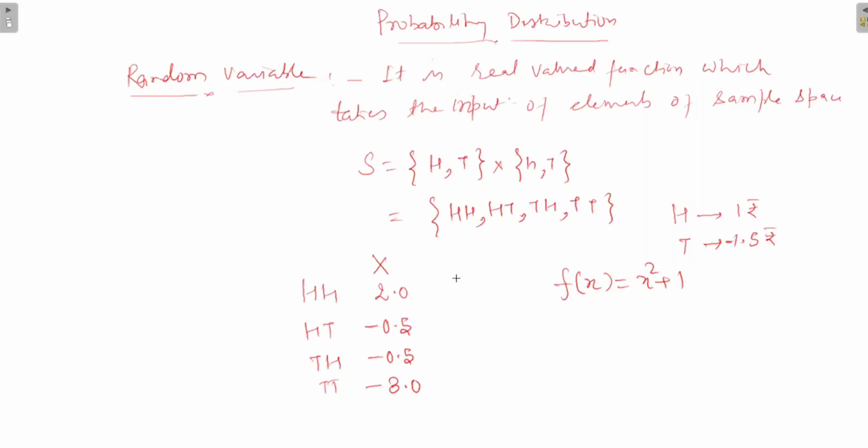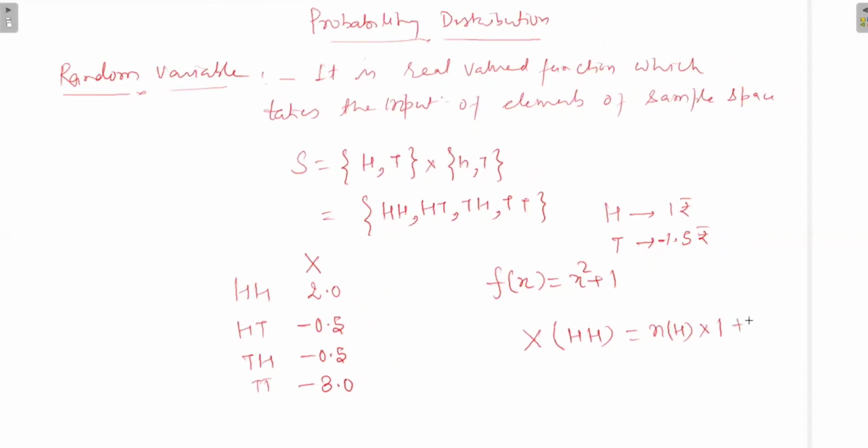In this case, the random variable is a function which takes the input of these outcomes, and it is defined so that for each head, however many heads are coming, 1 rupee is given. For each tail, 1.5 rupees is taken, that will be minus 1.5. So this is my definition of the function here.